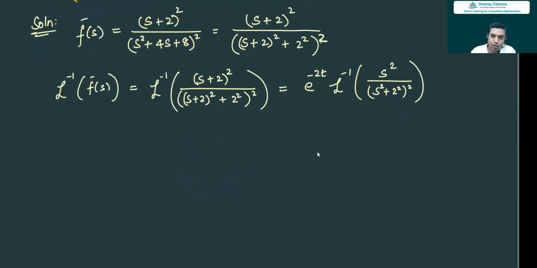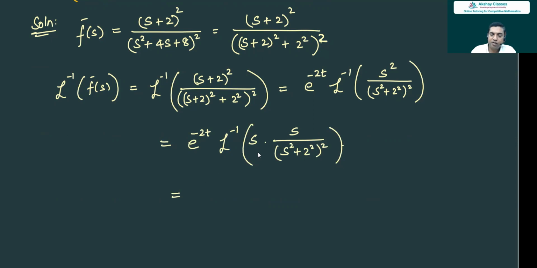Now there are two s's, so we can write this as s into s by s square plus 2. Now multiplication with s means differentiating, d by dt of Laplace inverse of s by whole square.